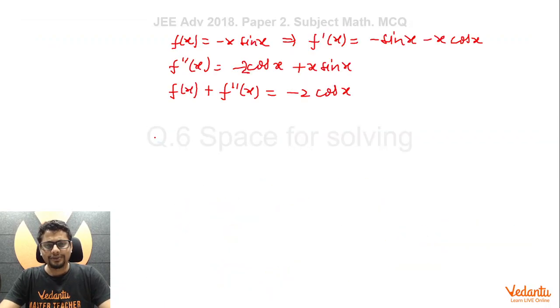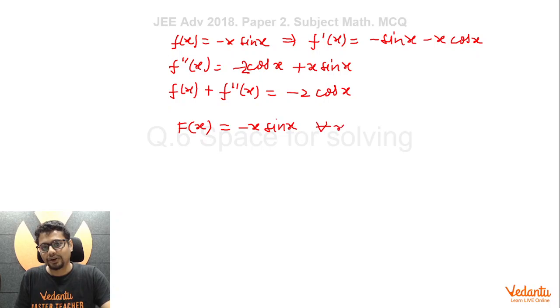So what we may do, and there is a subtlety here, is take some other function capital F of x to be minus x sine x, because minus x sine x is defined for all real values of x. So let me say there is a function capital F of x being minus x sine x for every x belonging to real.